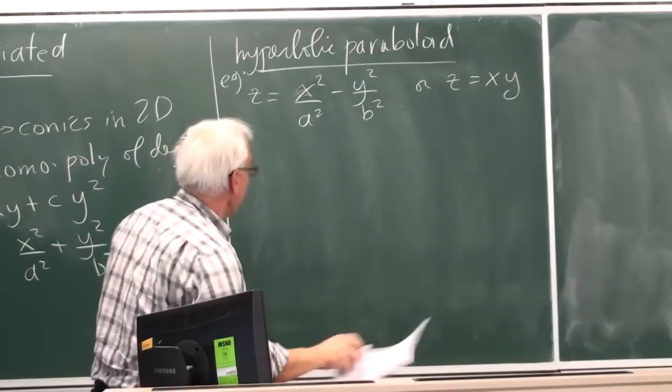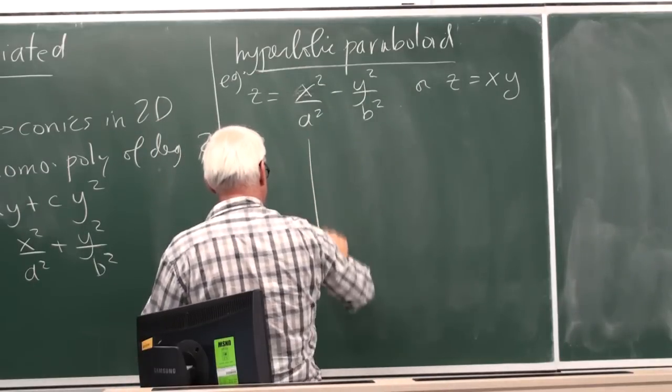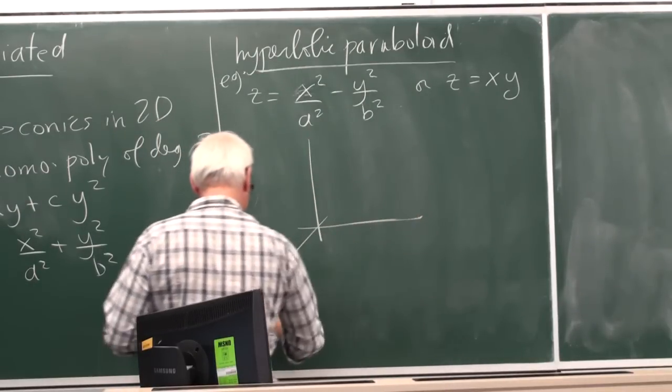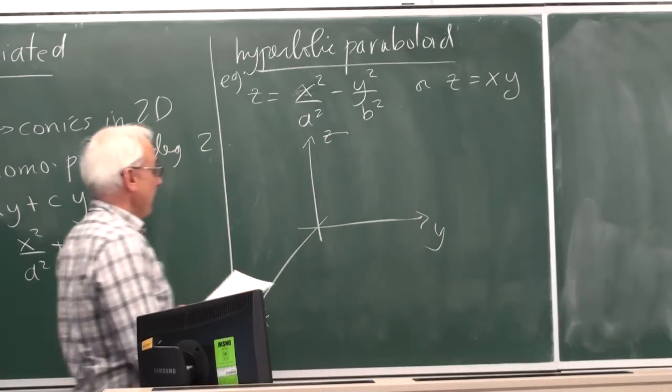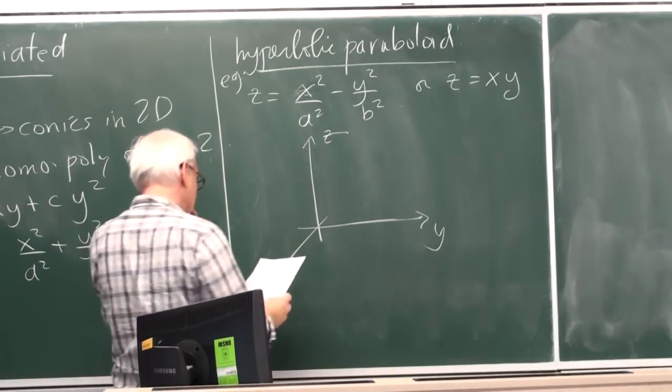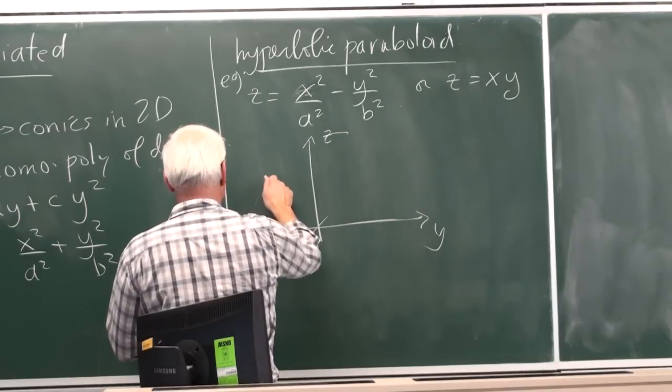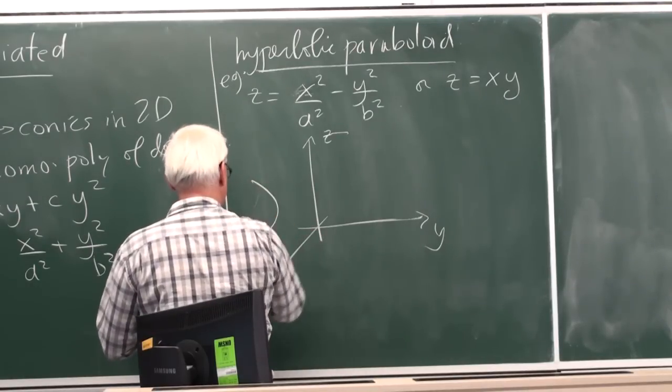All right, so let me attempt to try to draw that, although I probably won't succeed very well. So x, y, z. Okay, so let's draw it something like this.